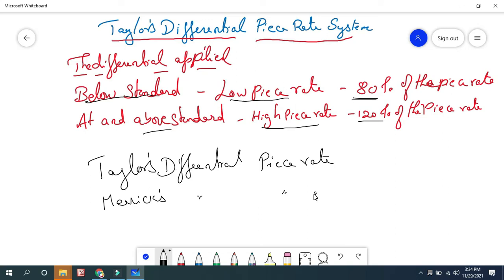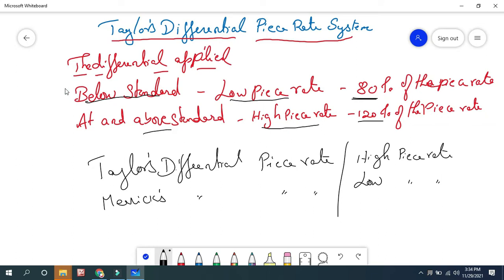The two rates are a high piece rate and a low piece rate. The low piece rate is paid for low production, and the high piece rate is paid to those workers who are at and above the standard, or of high production, right?